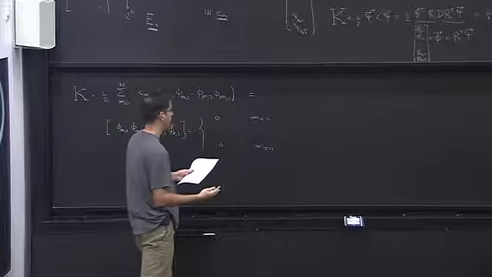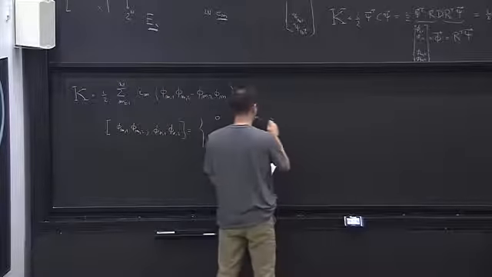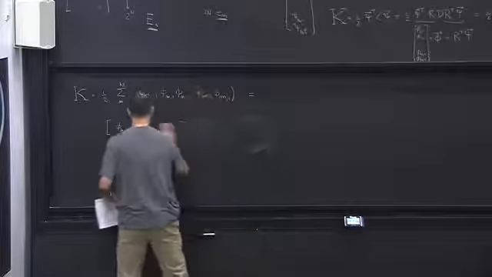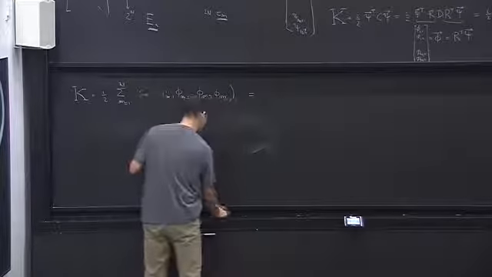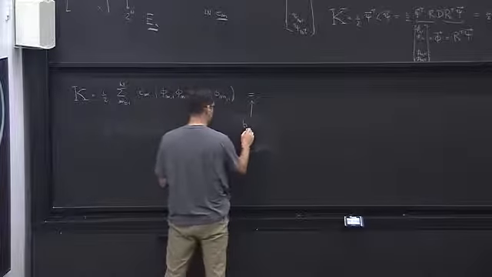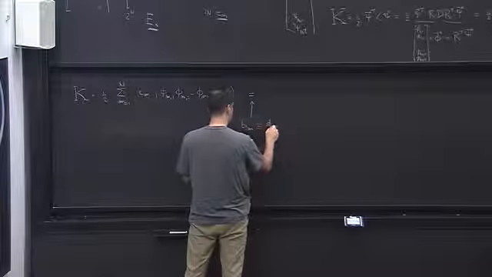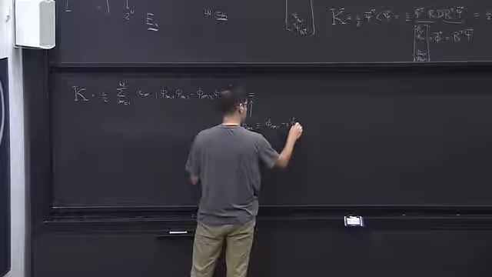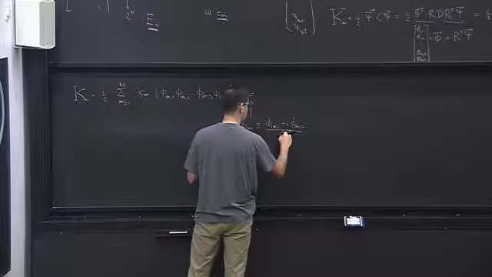There are many different ways of seeing this. Maybe here are two possible ways. Let me first delete this. What we could do now is define fermionic annihilation operators by taking this phi m and phi m1 and phi m2 together in this way.